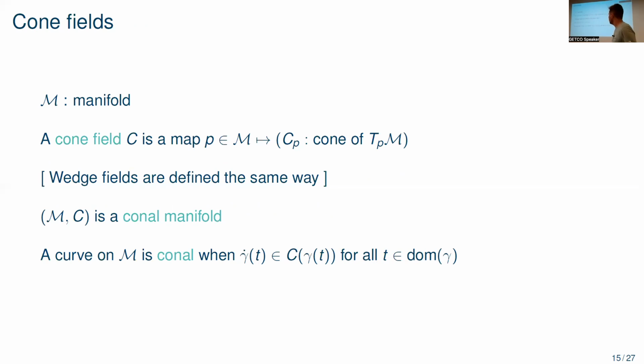Okay, and therefore you have conal manifolds, which are just manifolds with a cone field, and the conal curves, which are the smooth curves on your manifold such that the velocity vector at every point is contained in the cone field. So you should really think about this as the light cones, as the light curves, time-like curves.